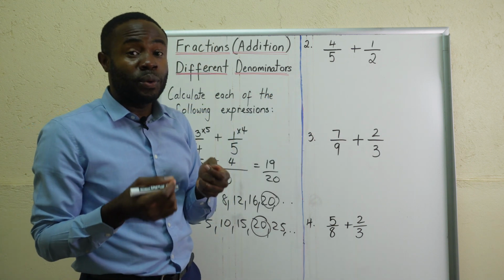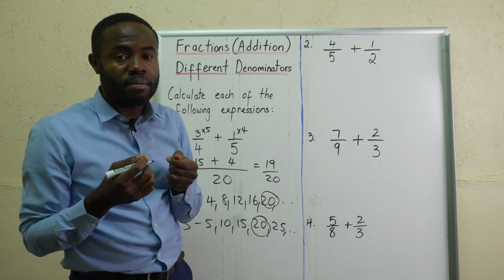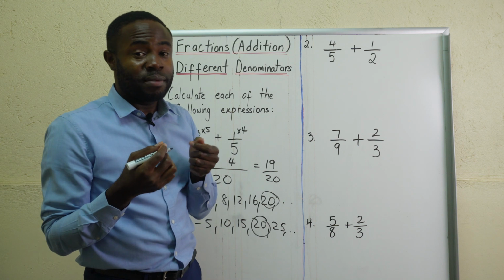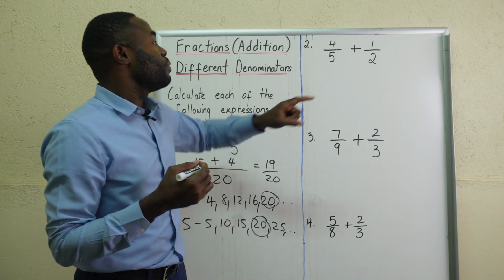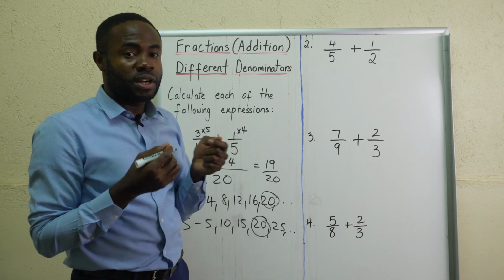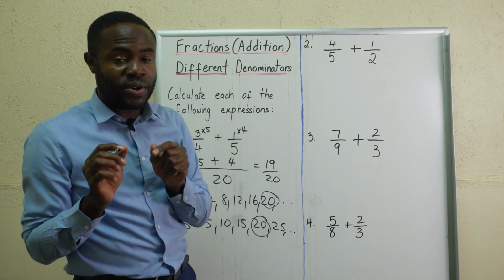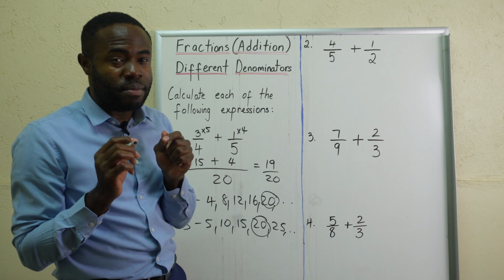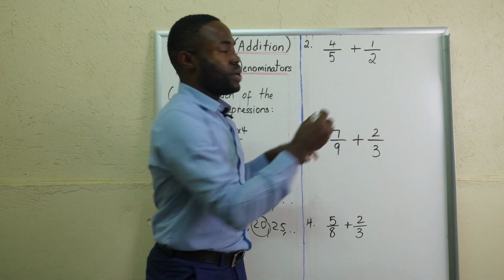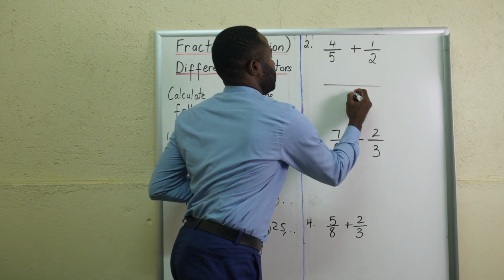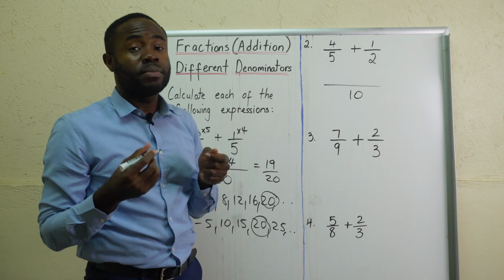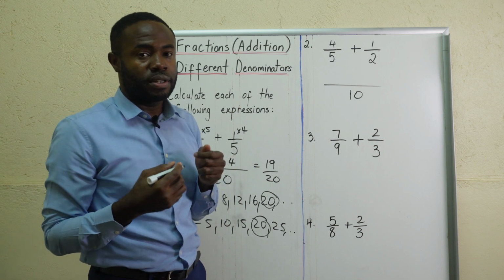In doing that, you'll ensure that you get a common denominator. This might not be the lowest, but you'll end up with a common one. Given that these two are not multiples of each other, then you'll surely get the lowest common multiple. So let's multiply them. So it's 5 times 2, that will give you 10.